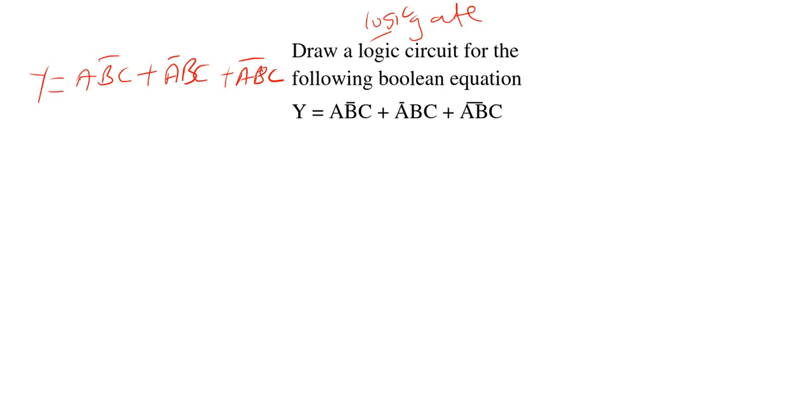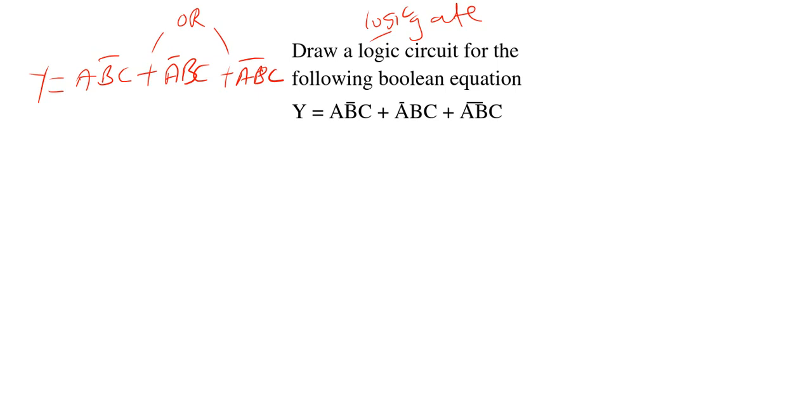So in this case, when you are drawing the logic circuit, you have to know which gates have been applied, and you determine that by using the operations that have been applied, the signs. For example, the plus sign represents the OR operation, so you know that in this case we applied an OR gate.